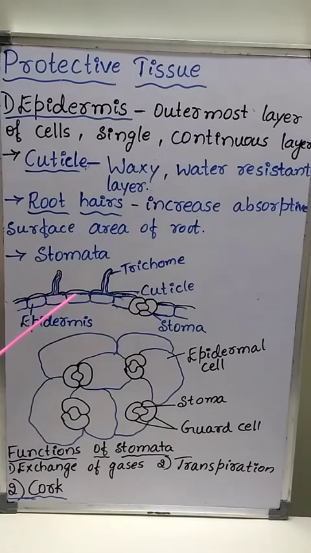The cells are compactly, tightly arranged without intercellular space, and the cells are elongated and closely packed, meaning no intercellular spaces are present.